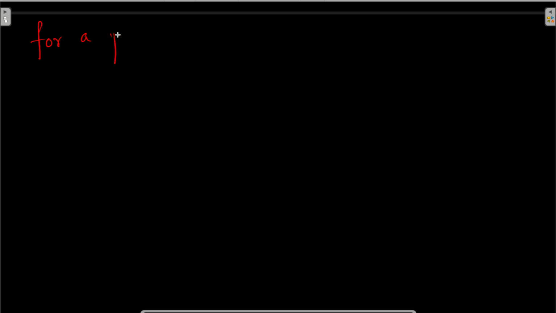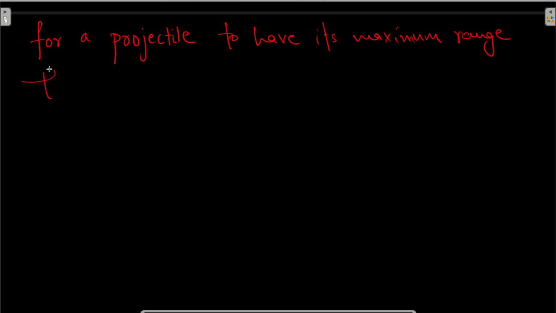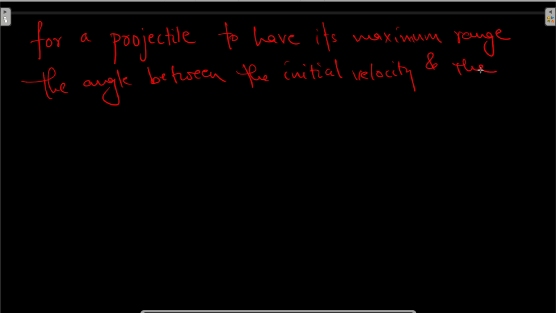For a projectile to have its maximum range, the angle between the initial velocity vector and the final velocity vector should be pi by 2.